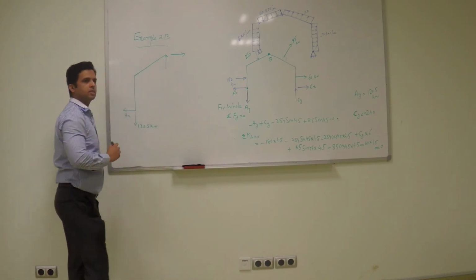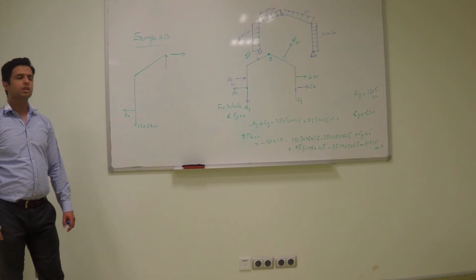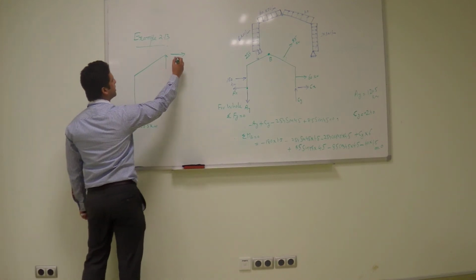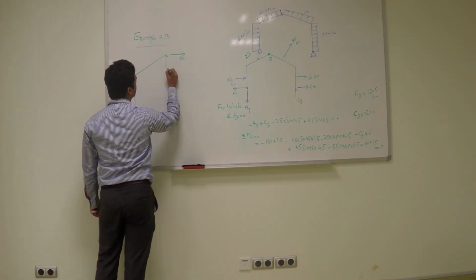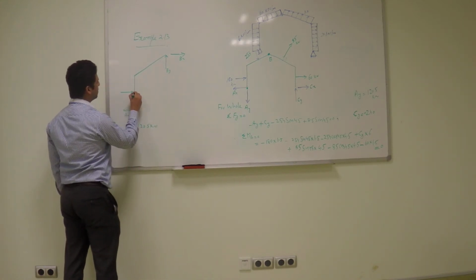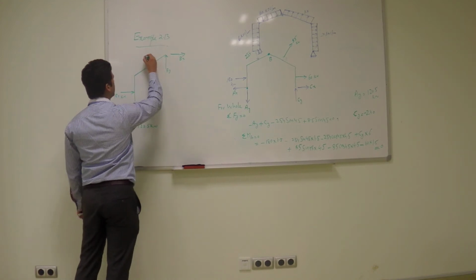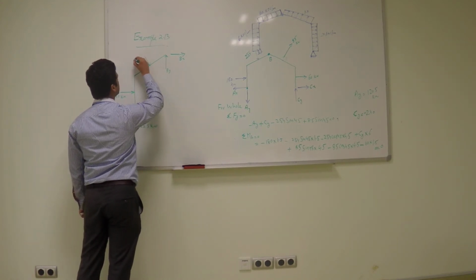You can say this is BX and this is BY. And here you have one force, 180, and you have one force here at the mid, 254.